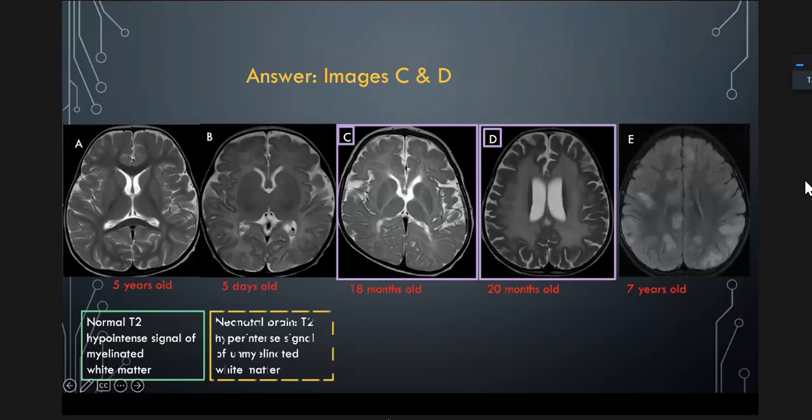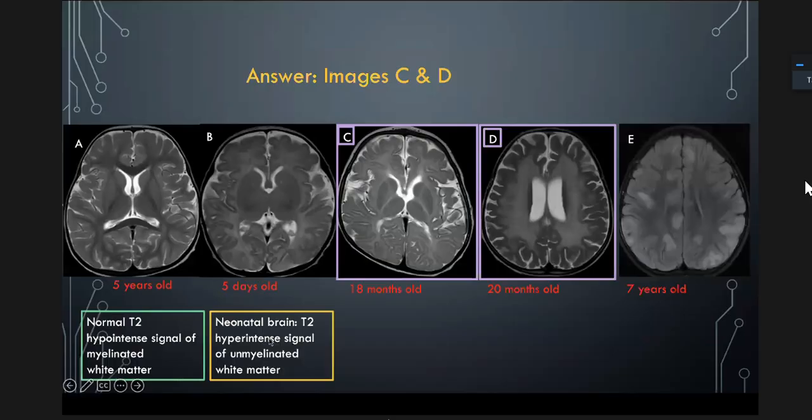Now, as compared to image B, here we have a child who is 5 days old. Here the white matter appears T2 hyperintense. That means it's unmyelinated white matter, which is normal at 5 days.